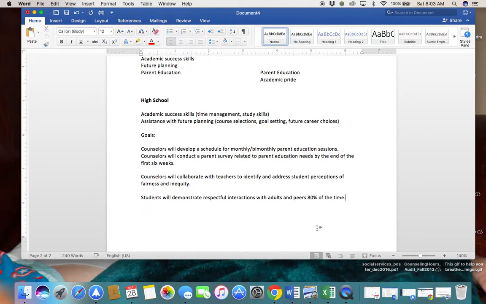Now, if we had some discipline data, that if we could go to our discipline data and see that 90% of all office referrals are related to lack of respect for others. So then you could build that in there to say office referral rates for disrespectful behavior will decrease from 90% to 80% by the end of the first semester.